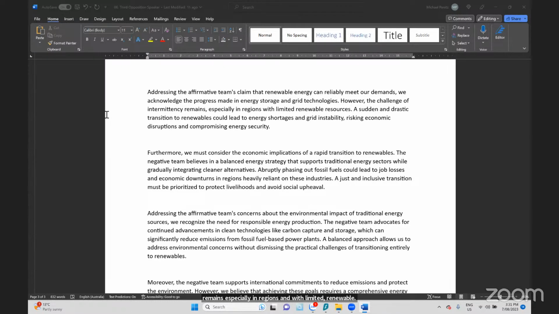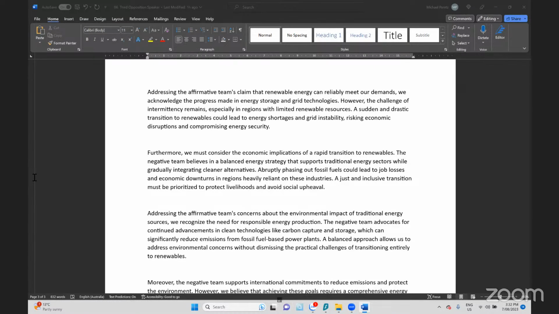A sudden and rapid transition to renewables could lead to energy shortages and grid instability, risking economic disruption and compromising energy security.